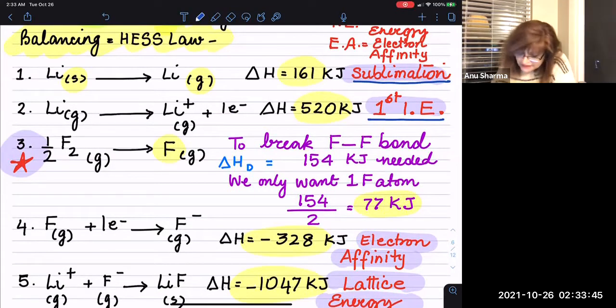So the F2 bond needs to be broken. So you balance it by putting half. The bond energy of fluorine is 154, but we are not interested in that. We only need one fluorine, so it is half of that.